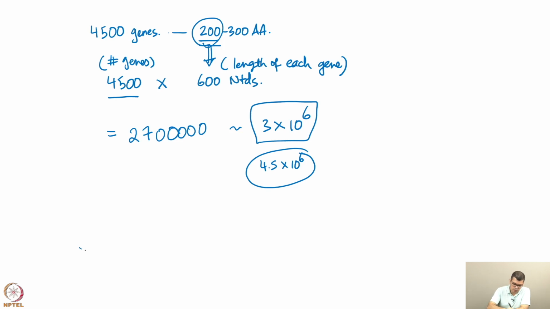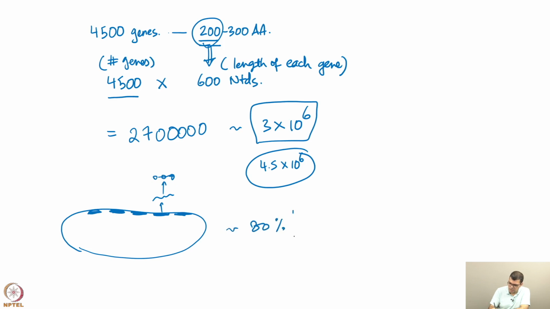So, E. coli's genome, bacterial genomes in general have this property that they have a lot of regions of the DNA which are actually transcribed and then translated. And this region is approximately 80% or higher for bacteria.